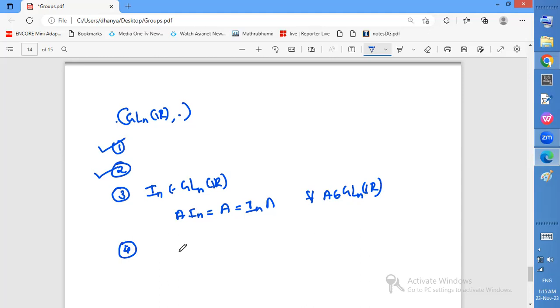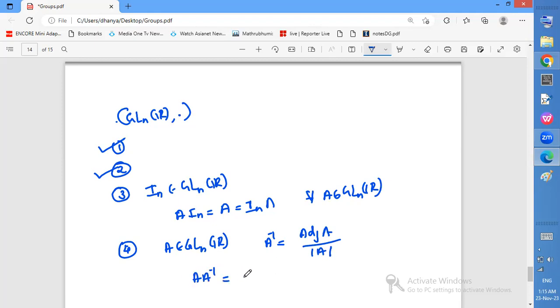And the last condition is the existence of inverse. Now given any A belonging to GL_n(R), since A is invertible, we can talk about the inverse matrix, right? A inverse, which is the adjoint of A divided by the determinant of A. Now, what is A into A inverse?